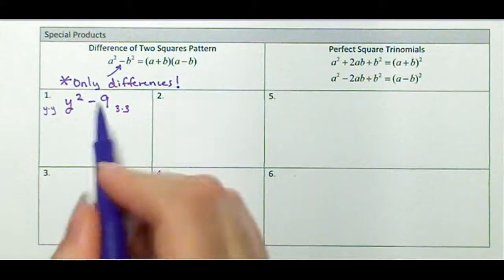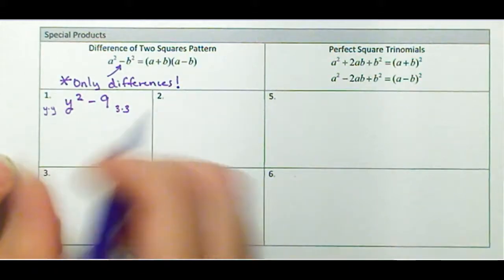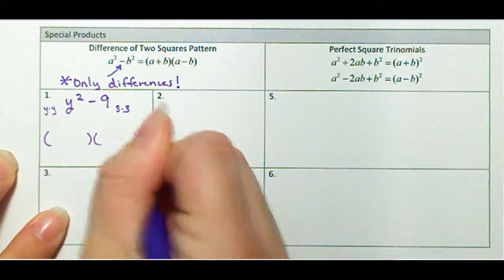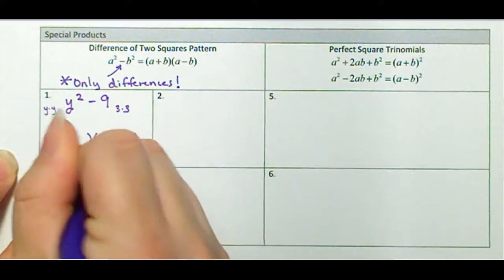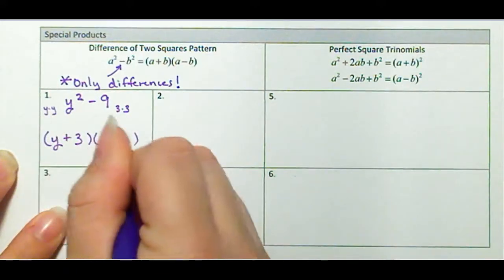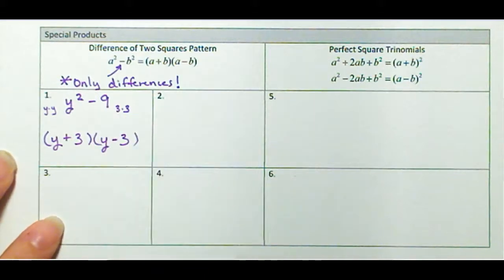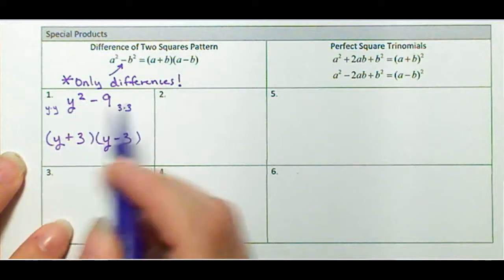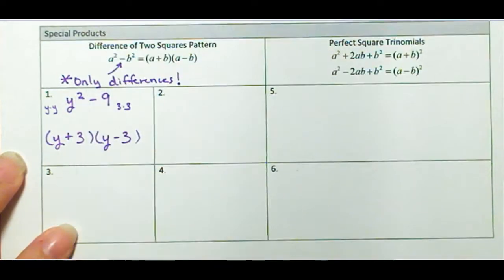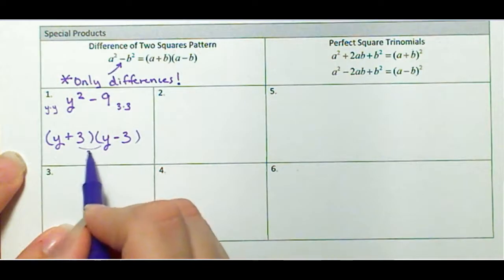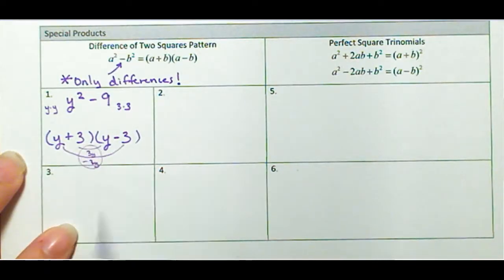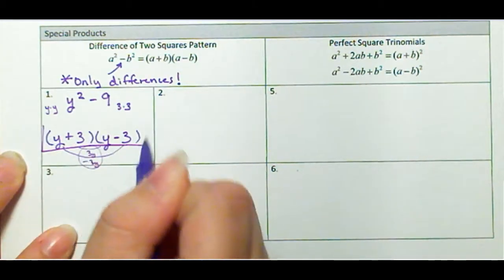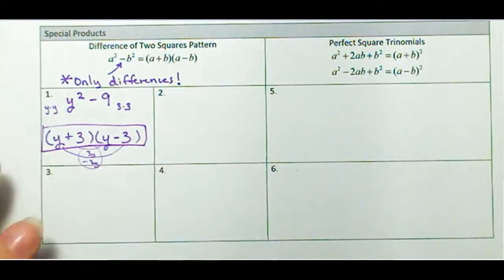So this is a difference of perfect squares, and it's going to factor into our pattern, y plus 3, y minus 3. When we check it back, y times y is y squared, 3 times negative 3 is negative 9, and when you check the middle, notice these two terms cancel out. They end up being 0. That's because these are conjugates. So this would be our factor pairs for this polynomial.